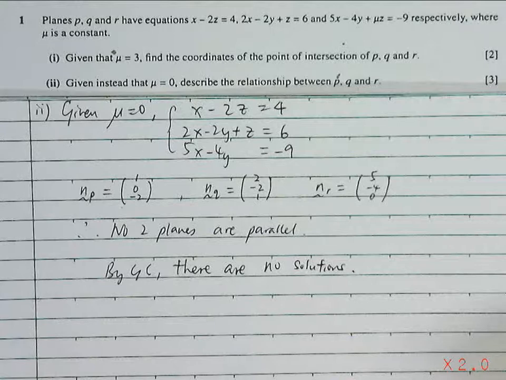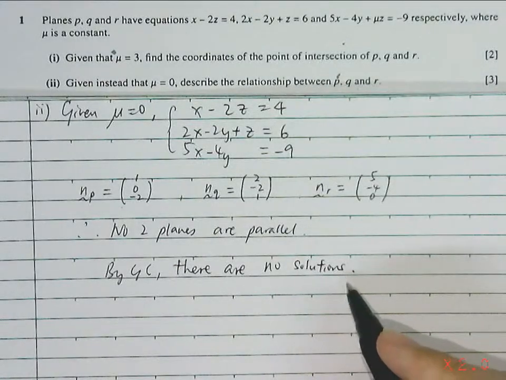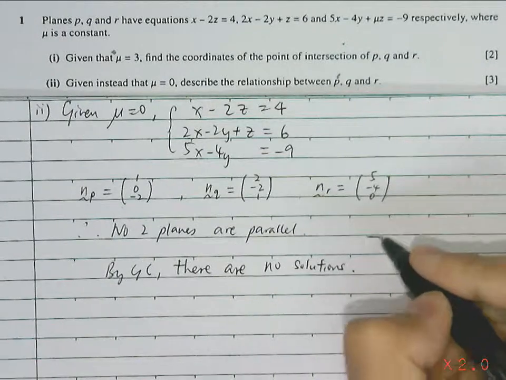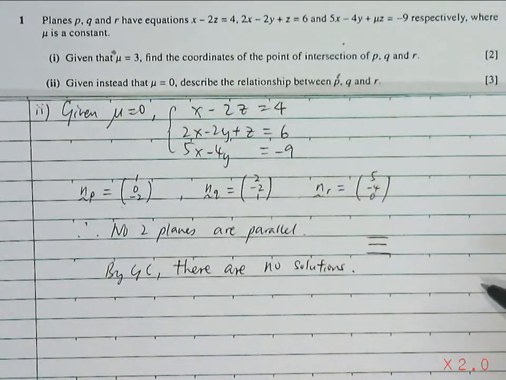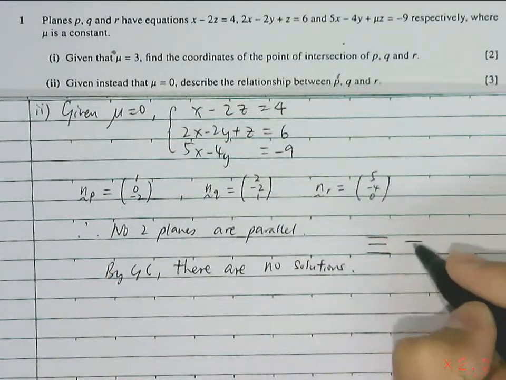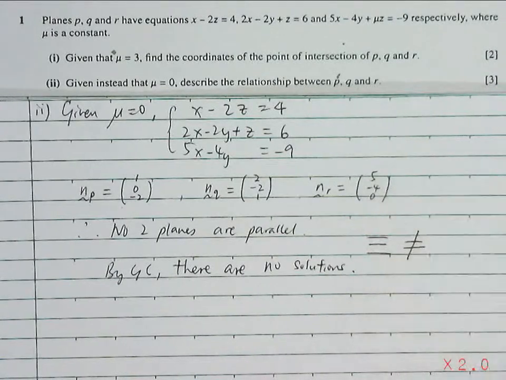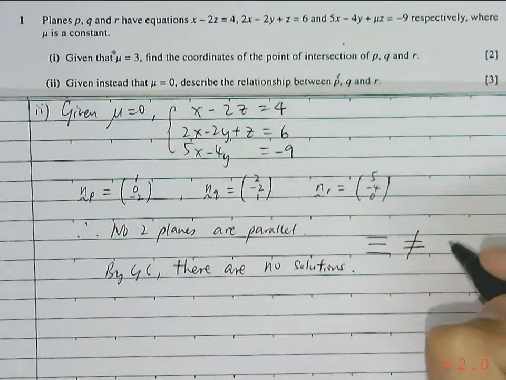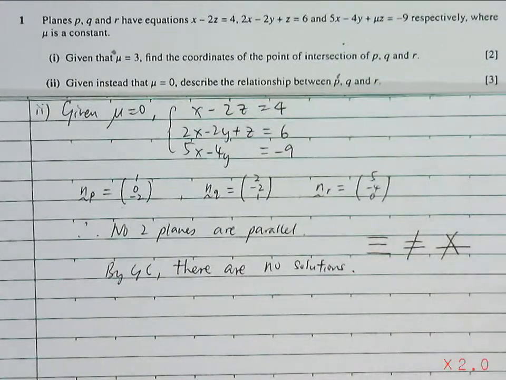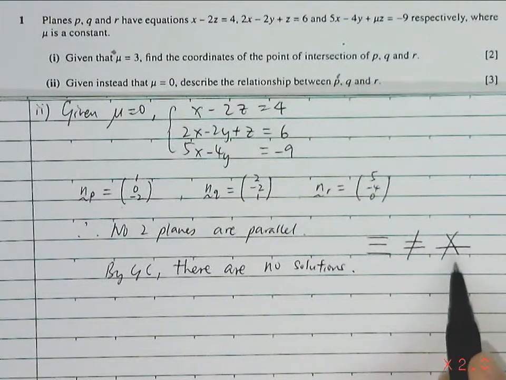When there are no solutions, there are 3 cases for the relationship between 3 planes. First case is where all 3 planes are parallel. Second case is where 2 planes are parallel but one passes through the other 2. And the third scenario is where the 3 planes form a triangular prism. In all these 3 cases, there is no common point between all 3 planes.